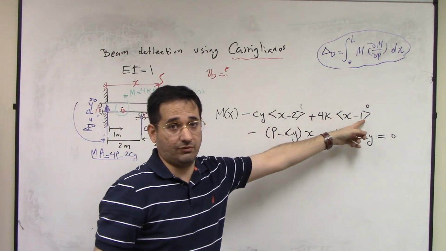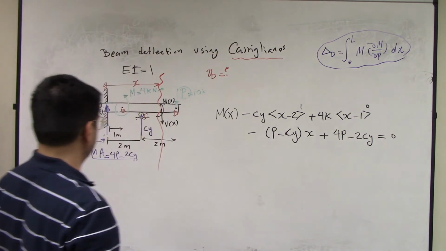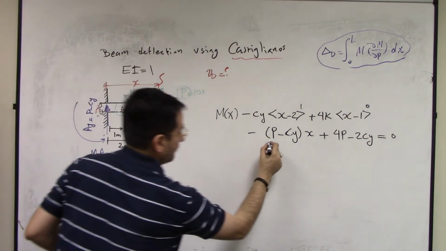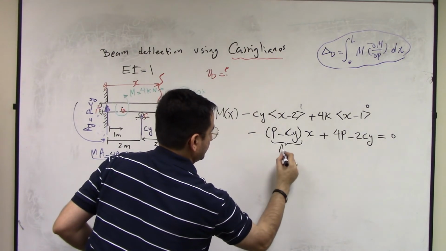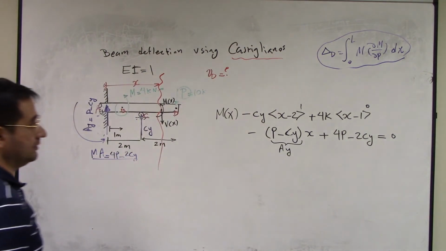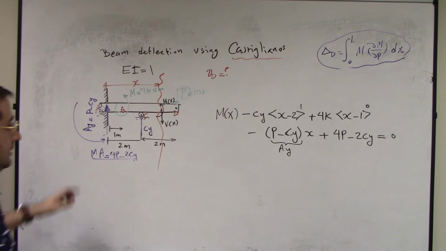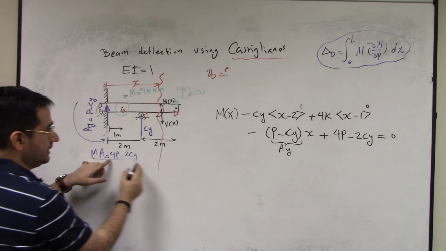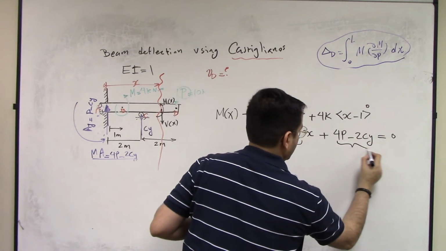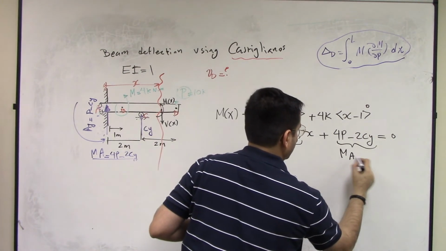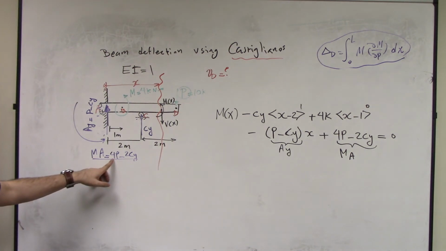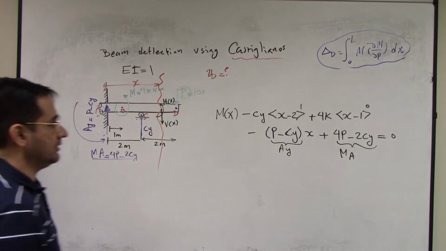There is no x minus 1 times 4k. Right? And then negative AY times x. Then plus, this is the wall moment, which is MA. Right? Is equal to 0.